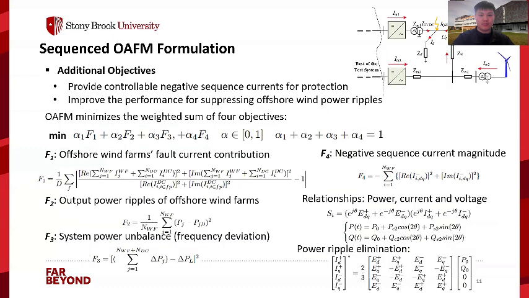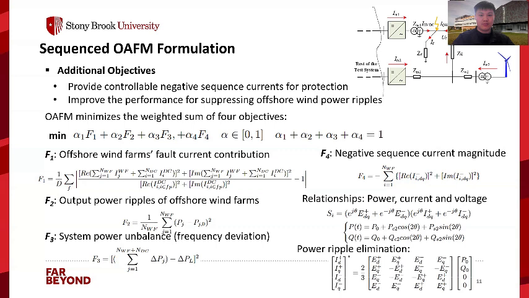To further improve the performance of orchestrated active fault management, sequenced OEFM can be developed. This approach controls currents in the sequence domain. With sequenced OEFM, it can provide controllable negative sequence currents for protection without causing overvoltage in the healthy phases during asymmetrical AC faults and improve the performance in suppressing offshore wind power ripples.